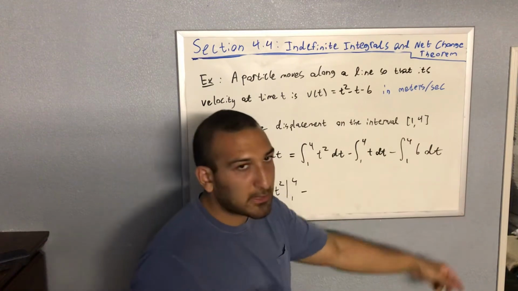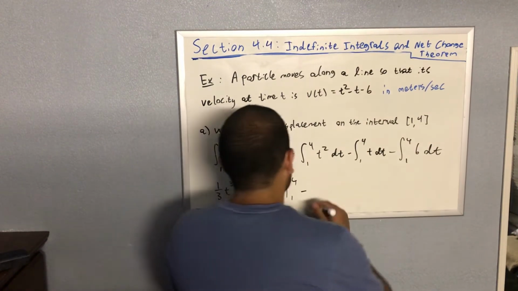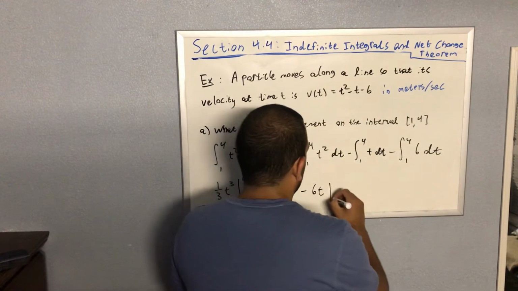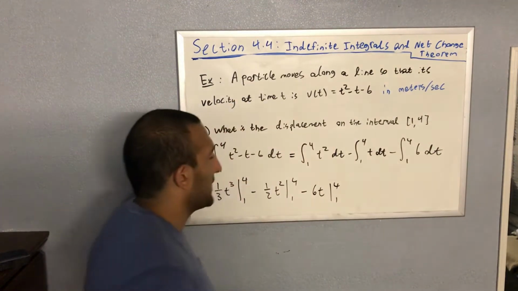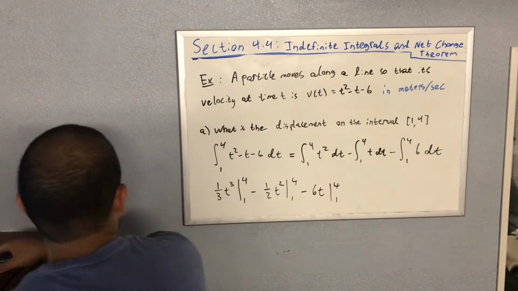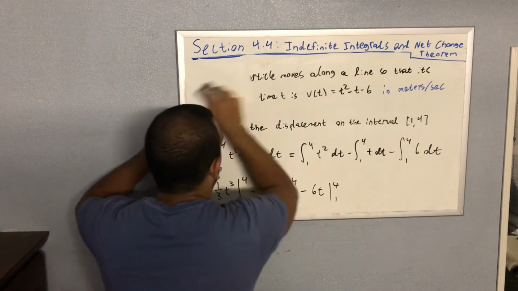Had it been an x, it would be 6x. That follows again by the power rule, but it's a little lengthy to discuss again. So we have this. And then let me erase this so we can do our calculation.